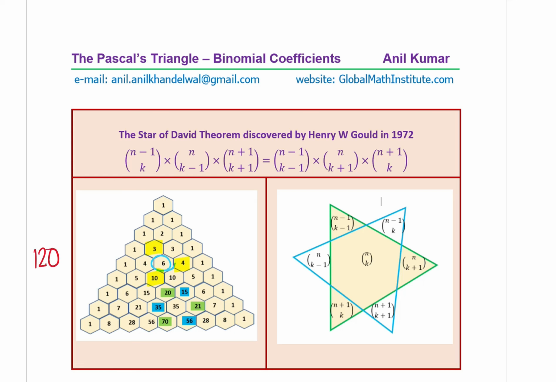Now we can take another set of numbers which could be 4, 3 and 10. Then they fill it up, right? And this product is again 4 times 3 times 10, which is also 120. As you can clearly see, it works for all the numbers in the Pascal's triangle.